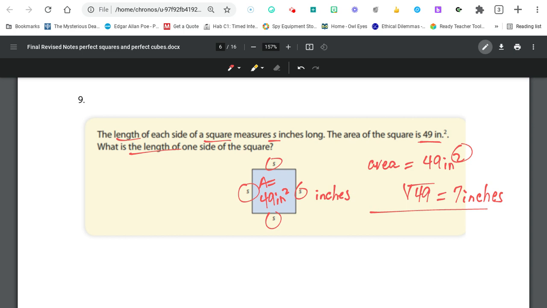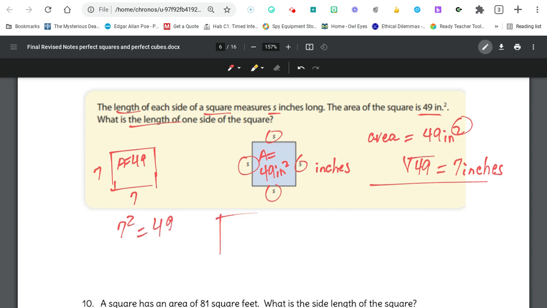So basically, I want you all to make this connection. 7 times 7 gives us an area of 49, or 7 squared is 49. If I gave you 3 times 3, you get an area of 9, or it's 3 squared.